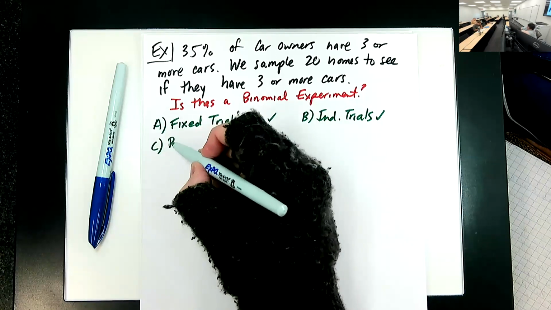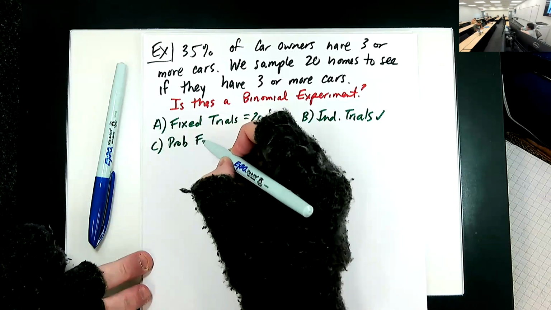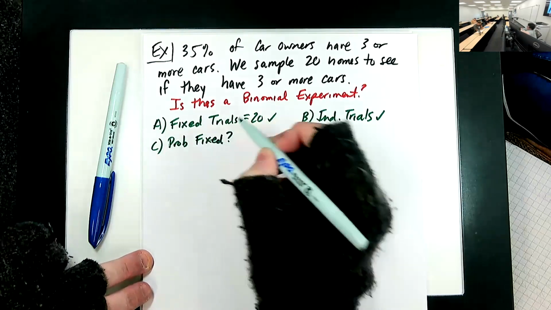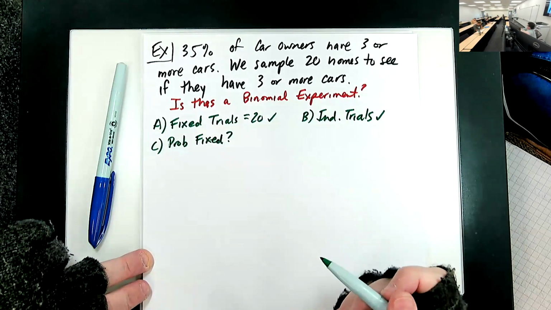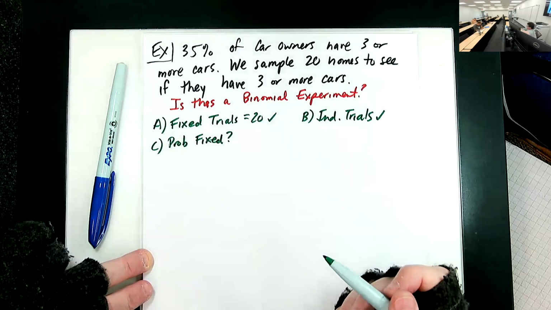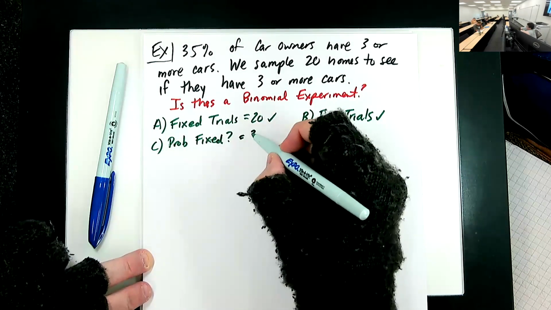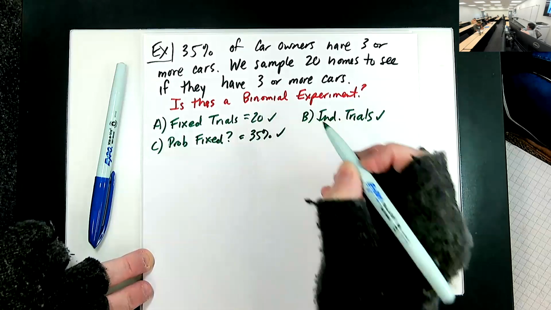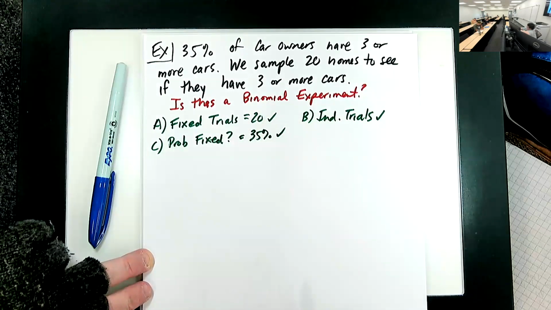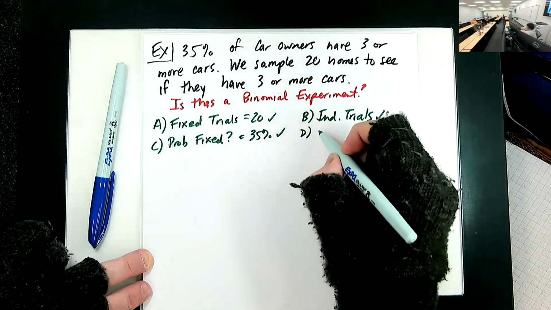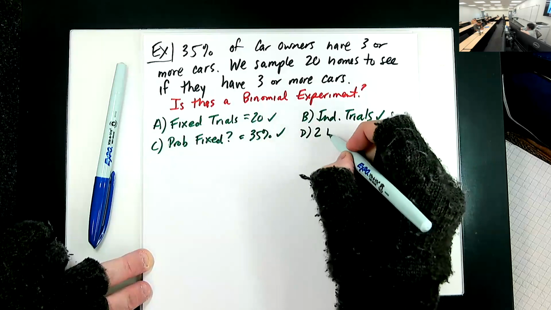C, is the probability fixed? We said it was 35%, so yeah. D, are there two exclusive outcomes?